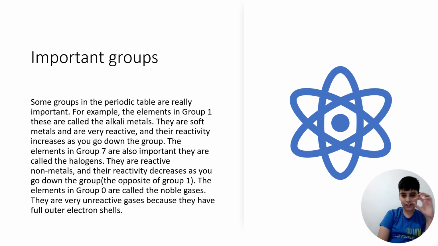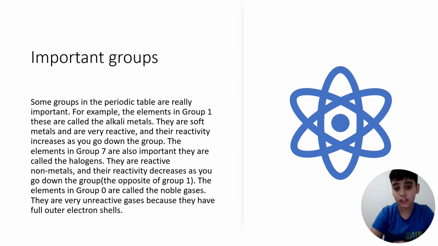So the bottom group 1 element is francium, and it is so unstable that it reacts with almost anything. So it's a very difficult element to sustain, and it cannot be sustained for very long, a few seconds at max.